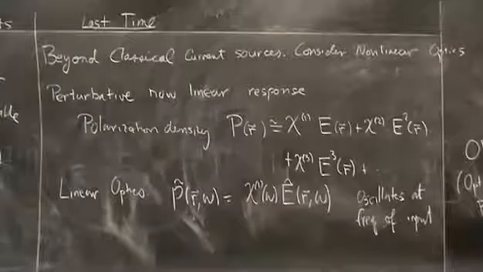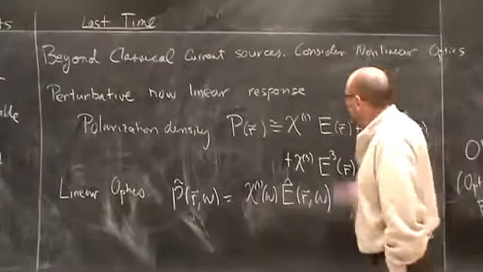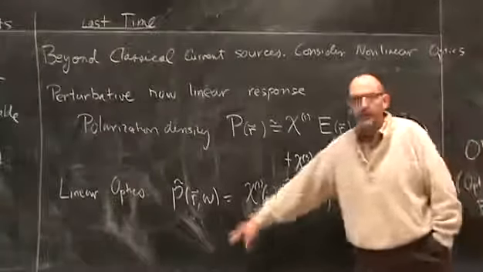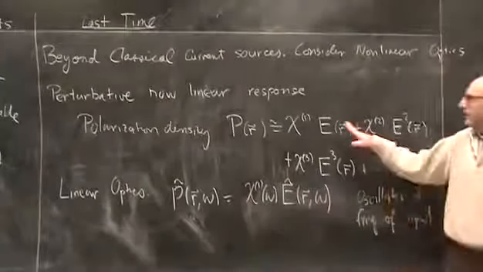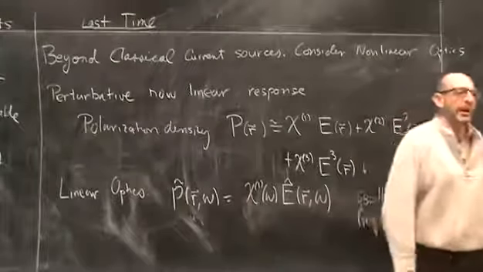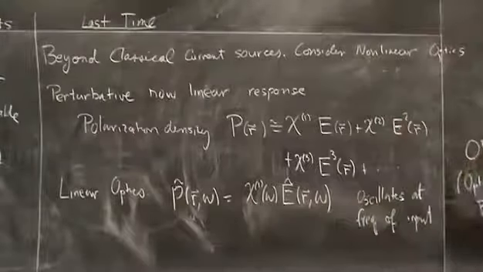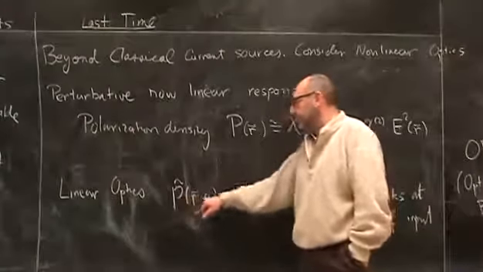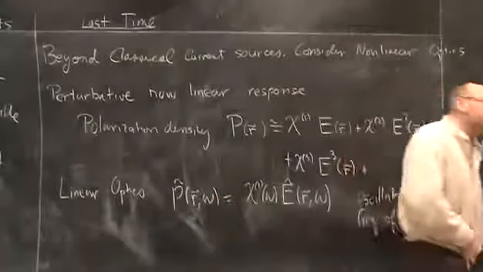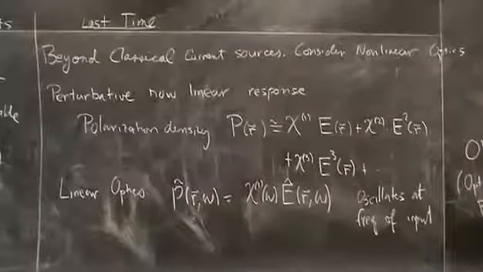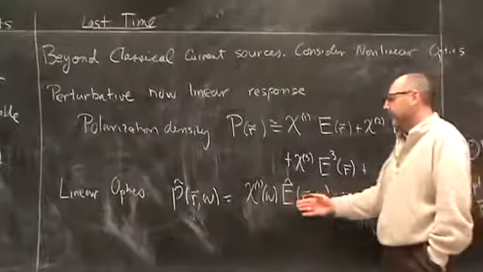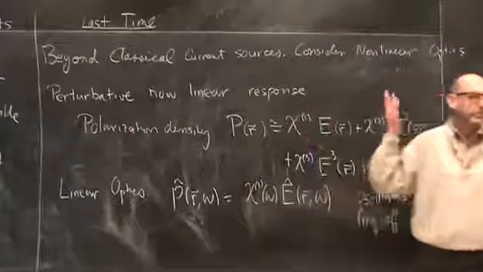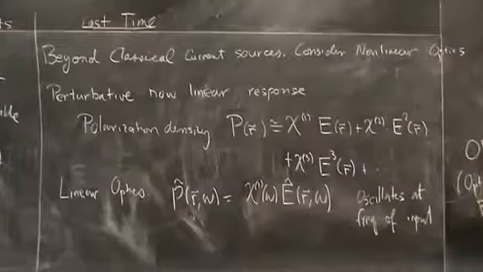In the linear optics case, this is just a schematic. Really, this is an expression in the frequency domain, not in the time domain. In the frequency domain, the polarization density that oscillates at frequency omega is proportional to the electric field at that frequency, with the proportionality constant being the chi1 susceptibility.